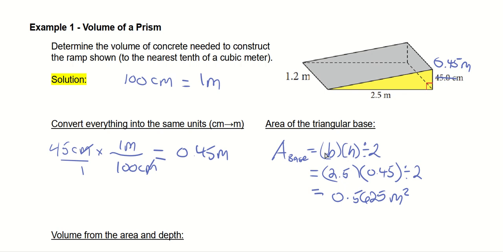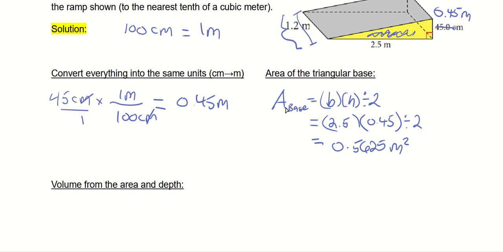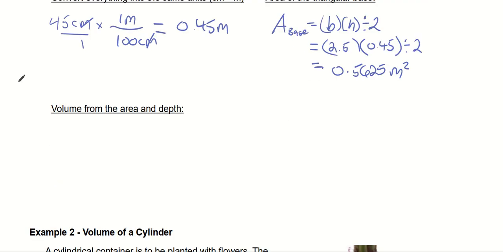So we found the area of the base. We found this part right here, all of that, and all we have to do is multiply the area by the depth. This here is the depth, basically from here to here. Okay, so let's go down here.